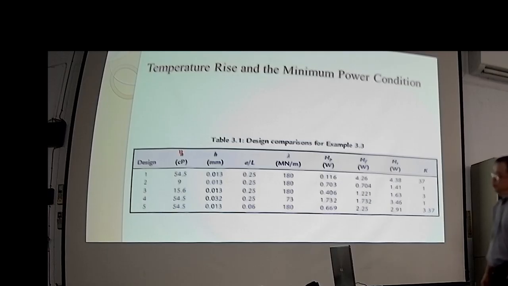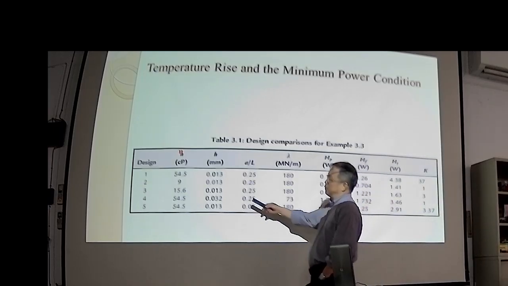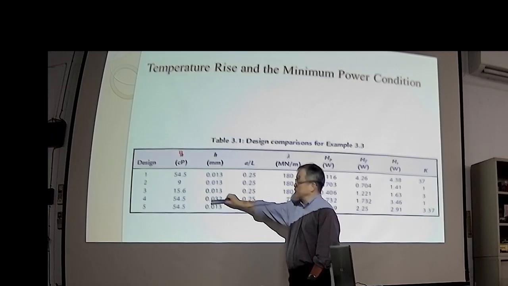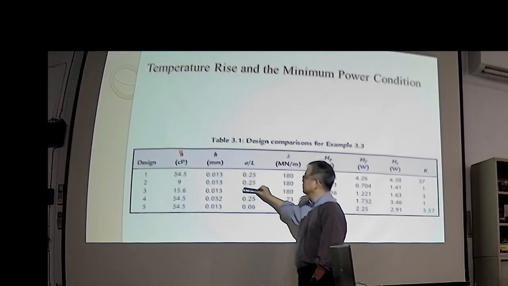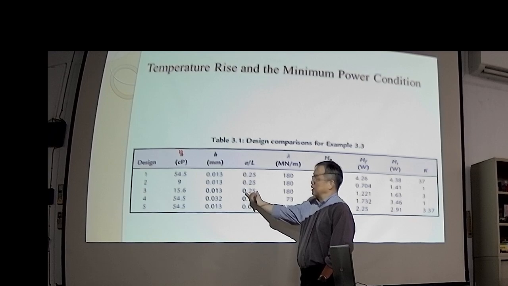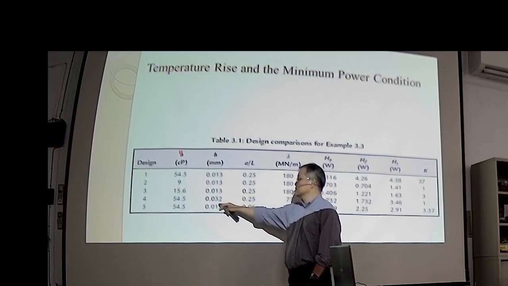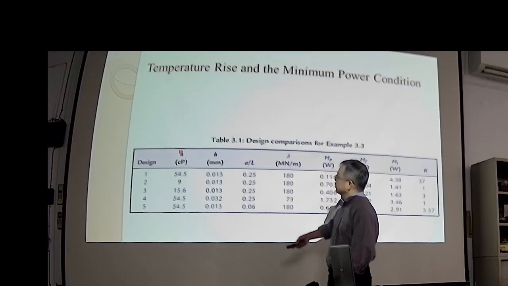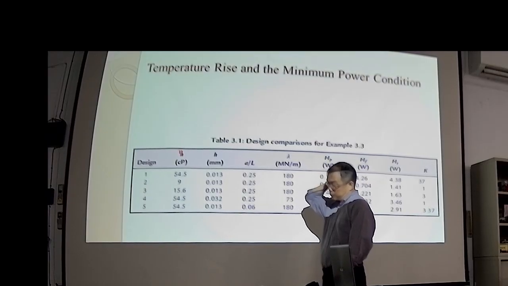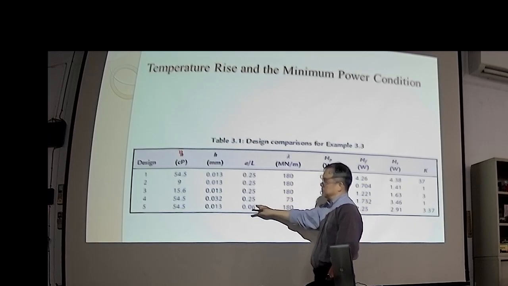So we can compare this, maybe you should compare the same film gap thickness, this one to this one. So we reduce the length ratio from 0.25 to 0.06. So the film gap thickness is fixed. And then you reduce the length ratio, so the friction power will be reduced significantly.